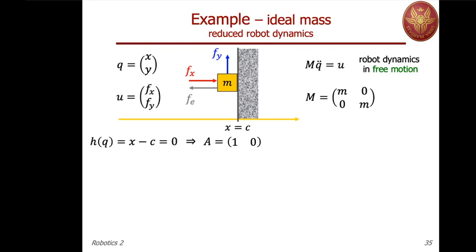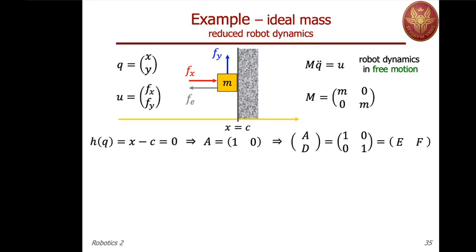So the first step that we have to do is to border the matrix A, which is a 1 by 2 matrix, with a second row. In this case, only one row is needed, in such a way that this second row is independent of the first one, so that the matrix A and D stacked one on top of the other is non-singular. Now here the choice is trivial, because we can certainly choose D as the row 0, 1, so that we have the identity matrix.